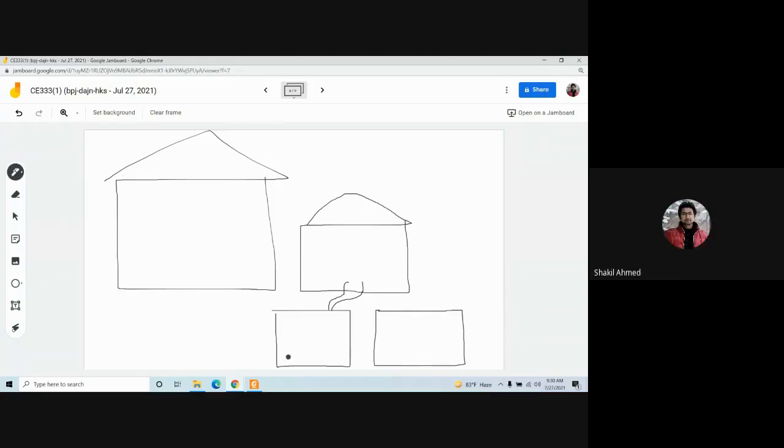This waste has both solid and liquid parts, right? What would happen to the liquid part, guys? The liquid part will eventually infiltrate into the ground. Am I right? So you need to make sure that if you have this kind of system, your groundwater table is not nearby. Otherwise, there is a chance of groundwater pollution.